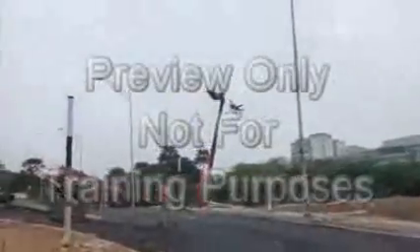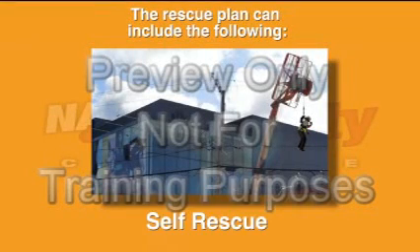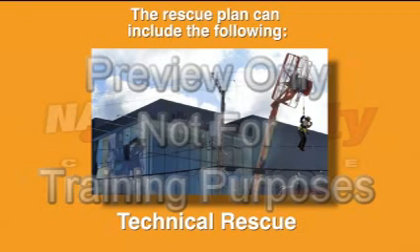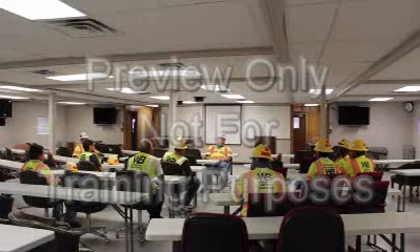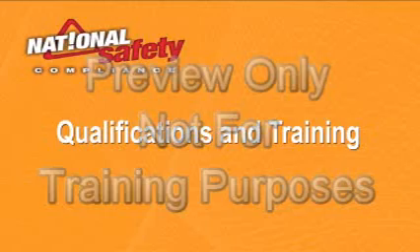The plan should limit the time anyone on the work platform, known as an occupant, is suspended after an arrested fall. The rescue plan can include the following: self-rescue by person involved, assisted rescue by others at the work site, technical rescue by emergency services. Once the risk assessment is complete, communicate the results to all entities involved.